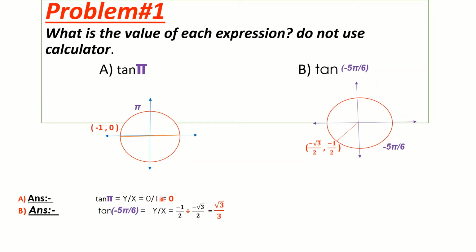So 0 over negative 1 is 0. Here again, tan negative 5 pi over 6 equals y over x, which is negative 1 over 2 divided by negative root 3 over 2, which gives you root 3 over 3. So tan of negative 5 pi over 6 is equal to positive root 3 over 3.